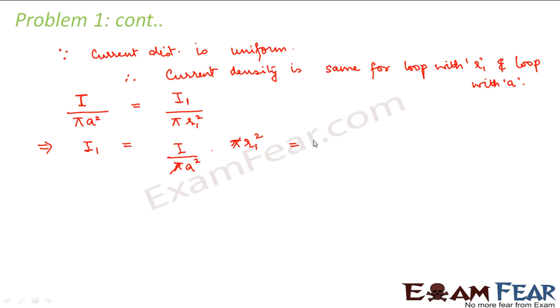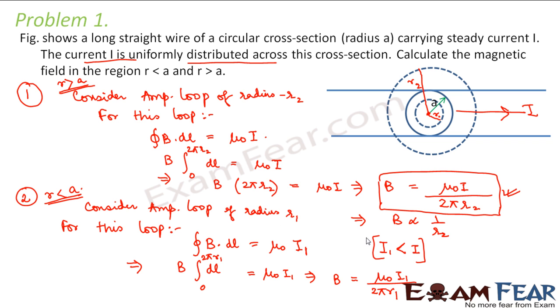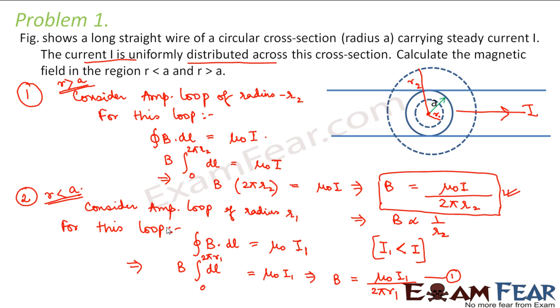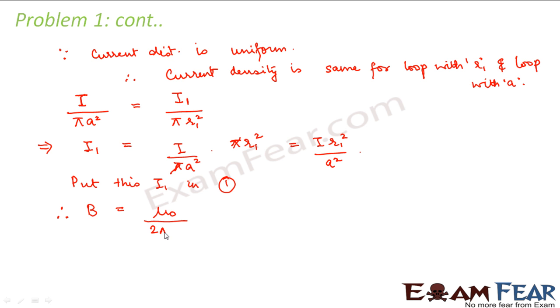So pi will get cancelled. This will be I R1 square divided by A square. Now we put this value of I1 in equation 1. Which was equation 1? This was equation 1, right? So what is your B? B becomes equal to mu naught by 2 pi R1 into I1.